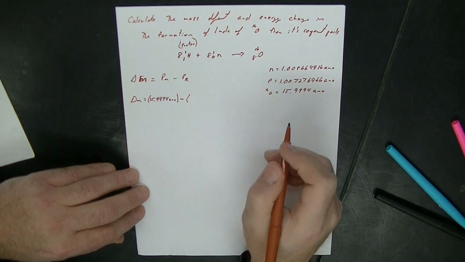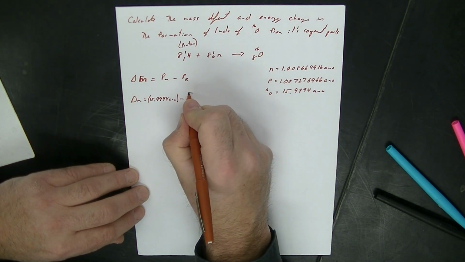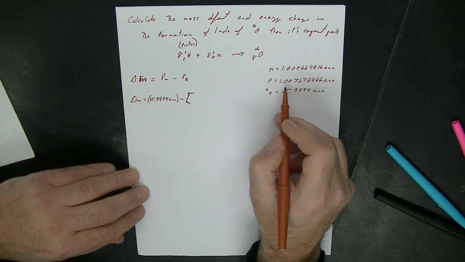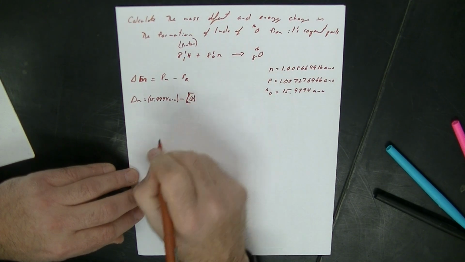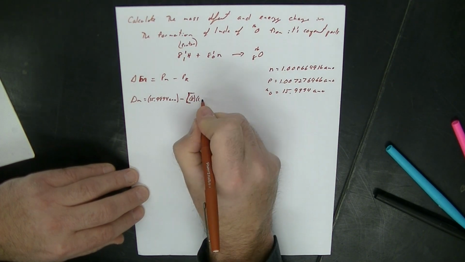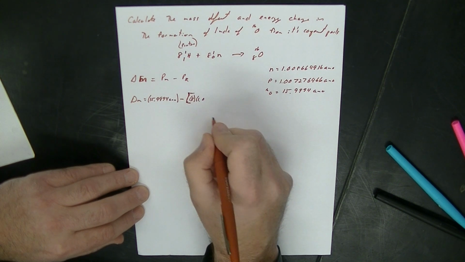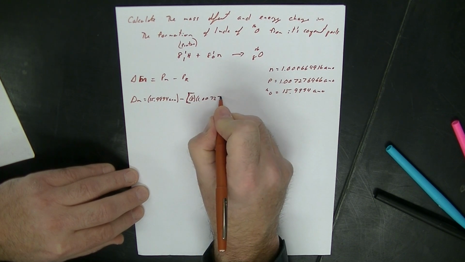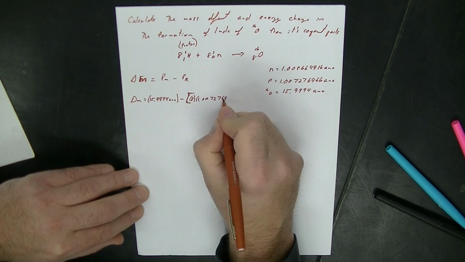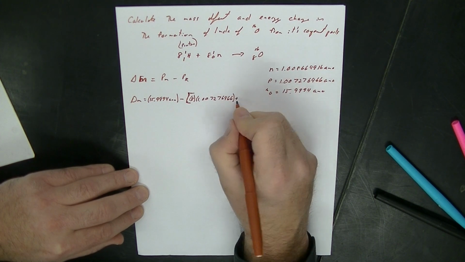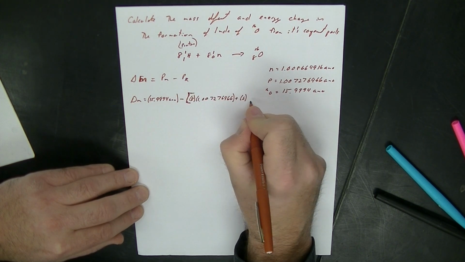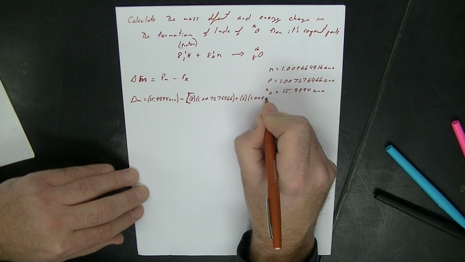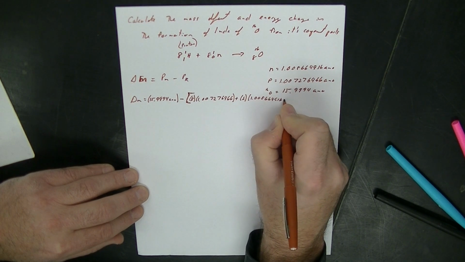our reactants. Now we have 8 protons, so we're going to multiply 8 times 1.007276466, plus we have 8 neutrons, 8 times 1.008664916 AMUs.